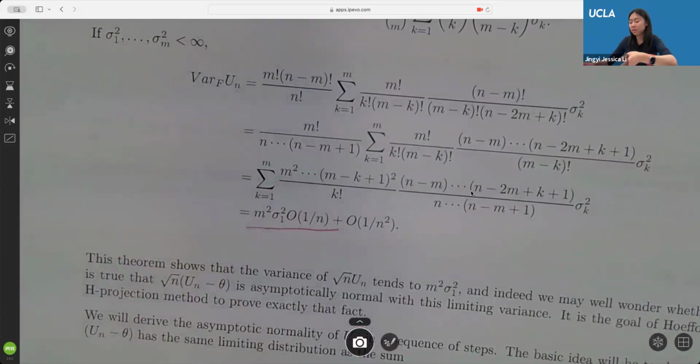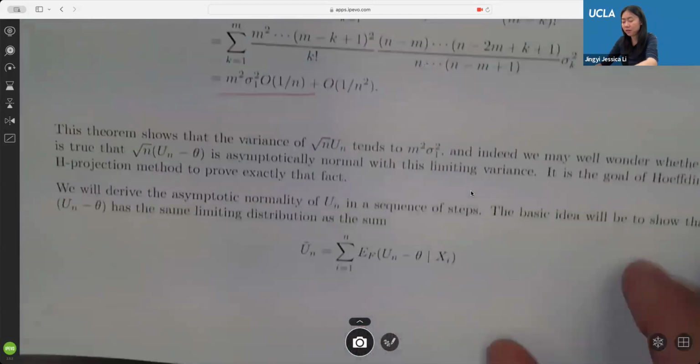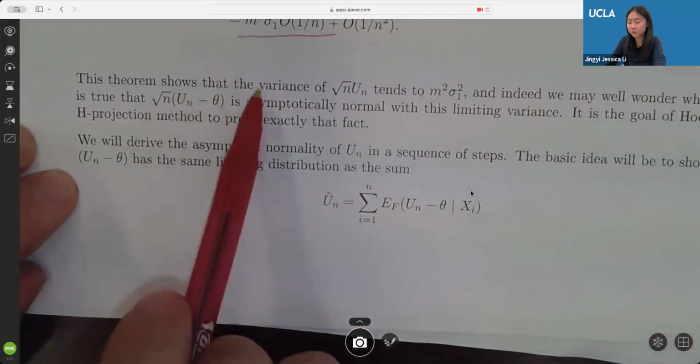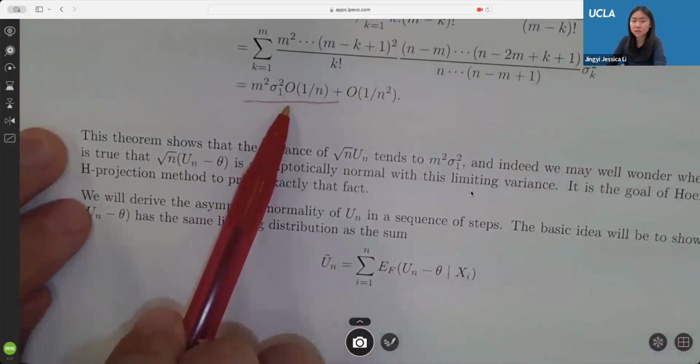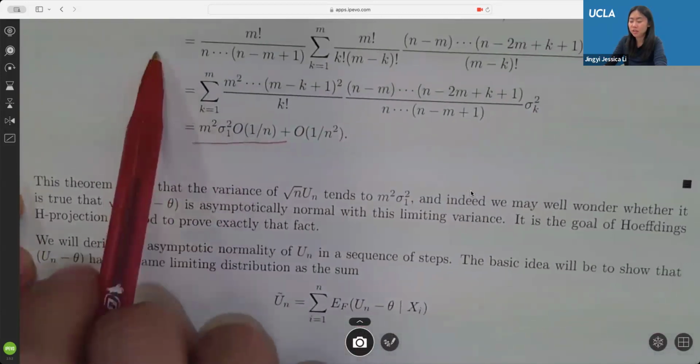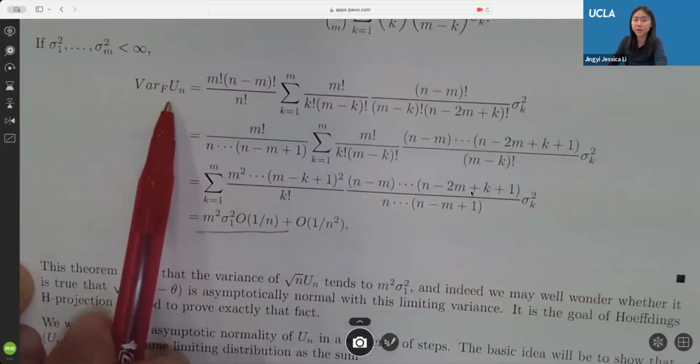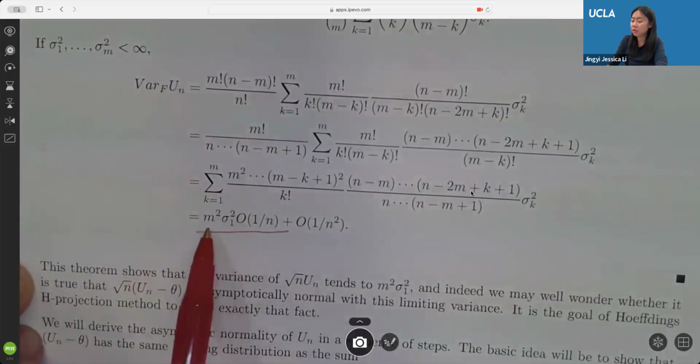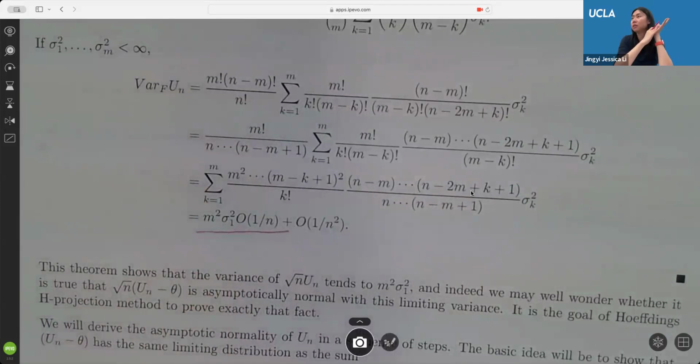Okay, so I jump a lot of the details, but I just want to give the intuition that if you use asymptotics, we can make the U statistic's asymptotic variance much simpler. As you know, when we derive the asymptotics, we multiply the statistic on the left-hand side by what? By root n.